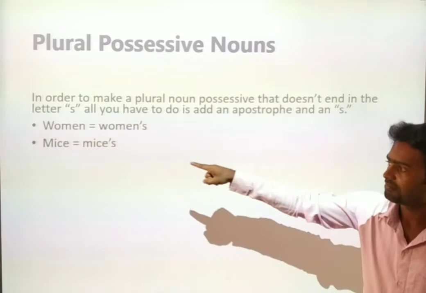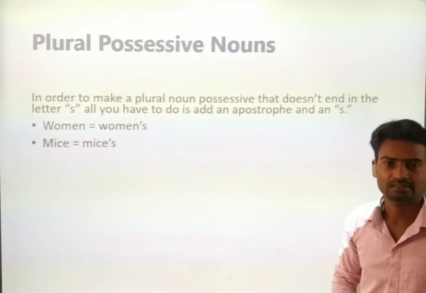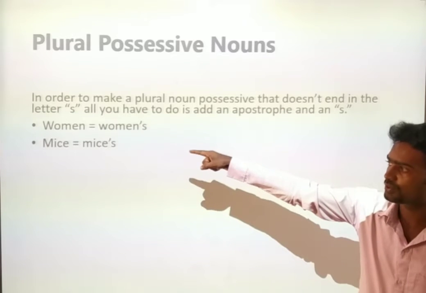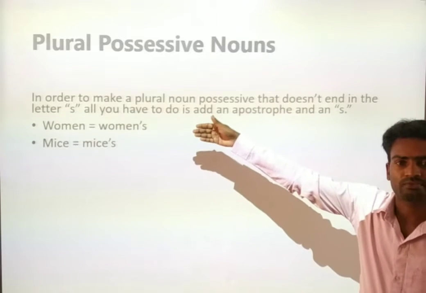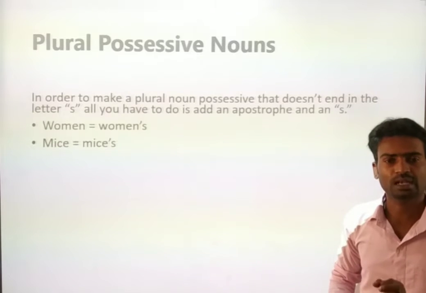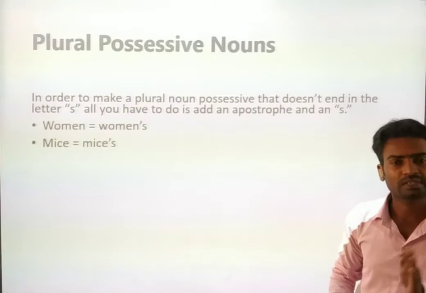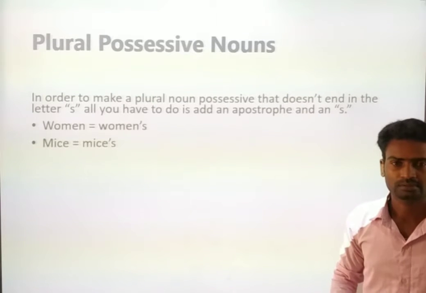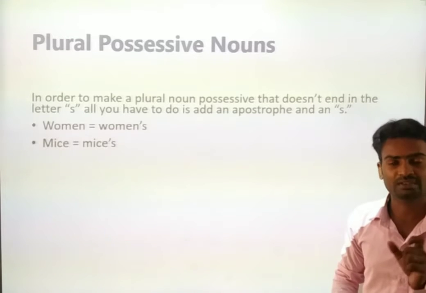Mice, mice's. These two nouns are of a type we have learned already. When we change a singular noun into a plural noun, in some cases we added S, but in some cases we did not add S. Those change completely.